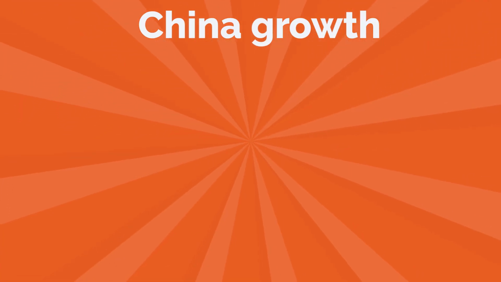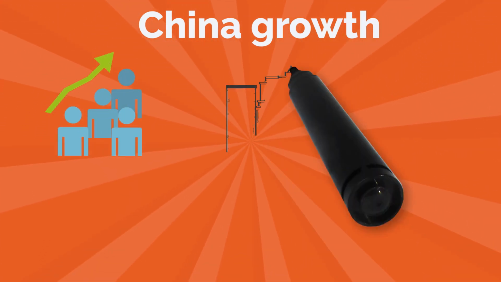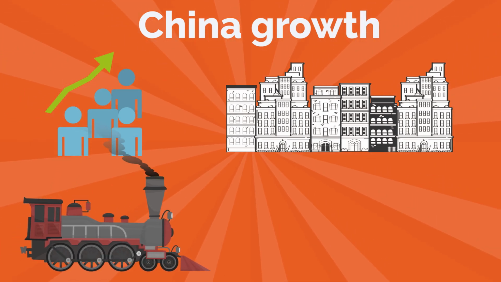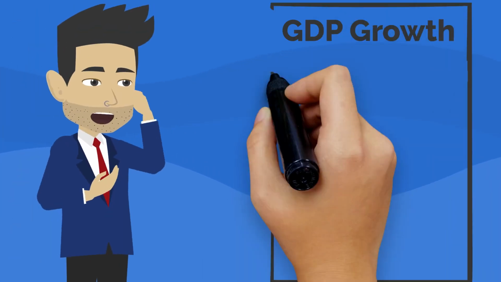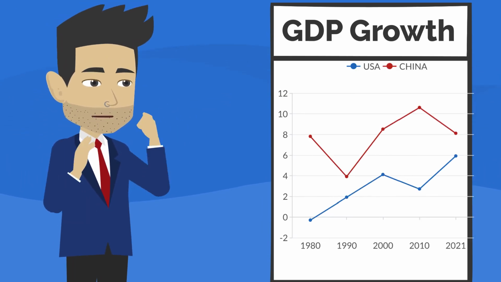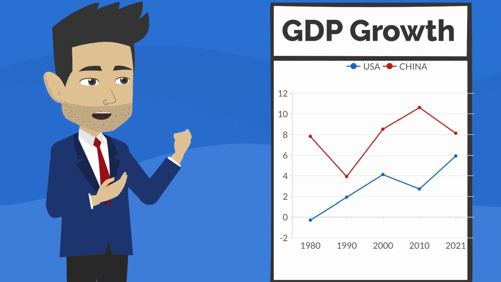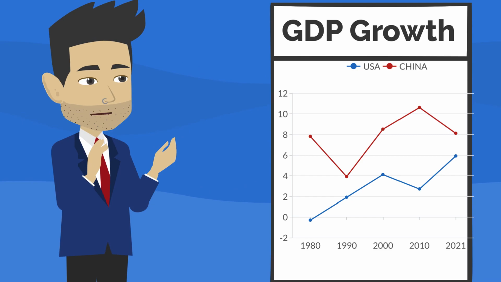China's high growth rate has been fueled by various factors such as its population size, rapid urbanization, infrastructure development, and export-oriented manufacturing sector. However, China's GDP growth has been gradually slowing down in recent years as its economy matured. Meanwhile, the United States has experienced periods of both stronger and weaker growth rates.